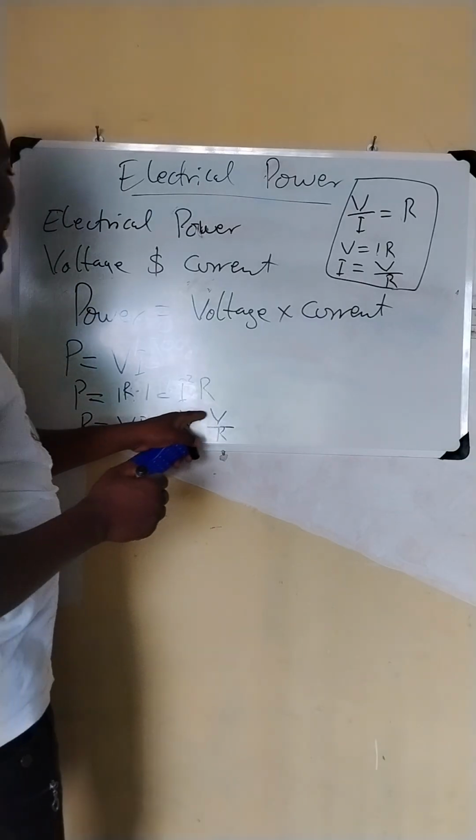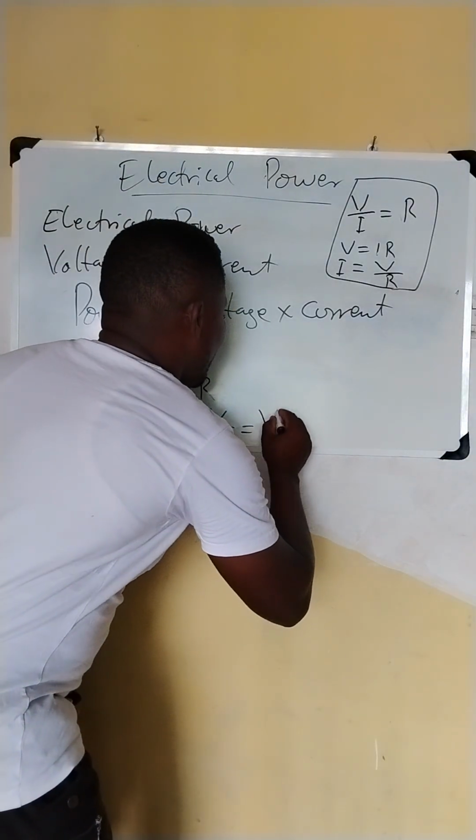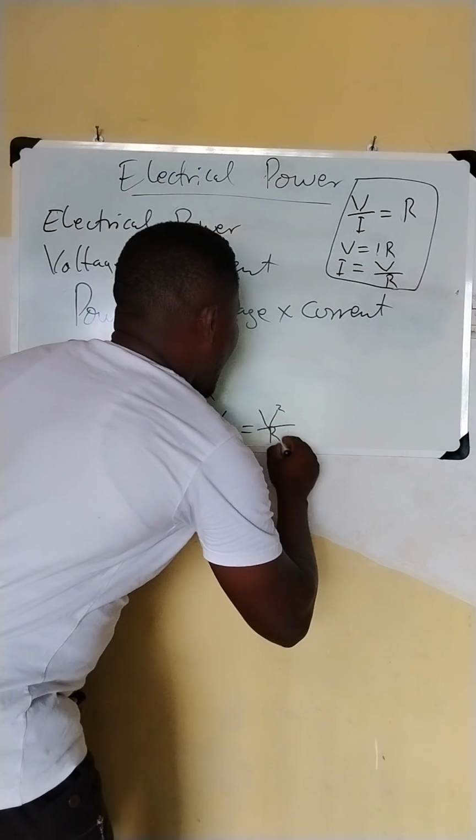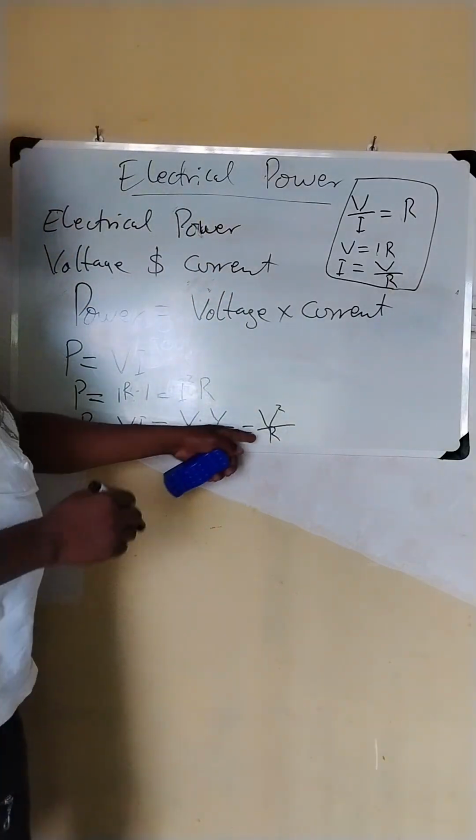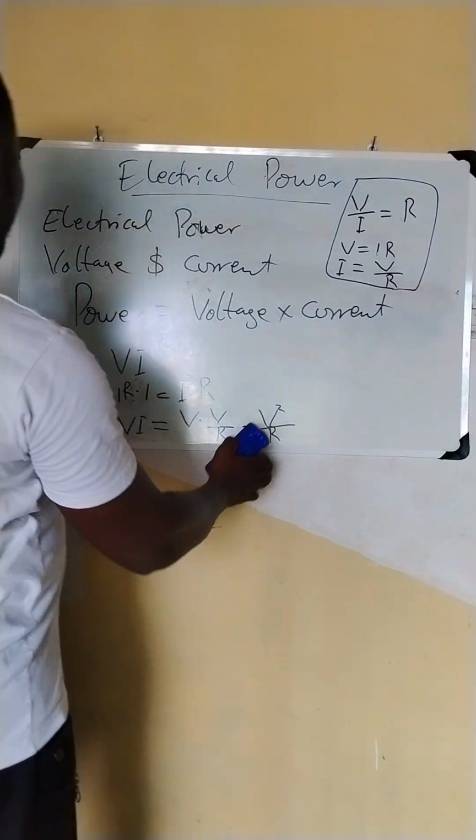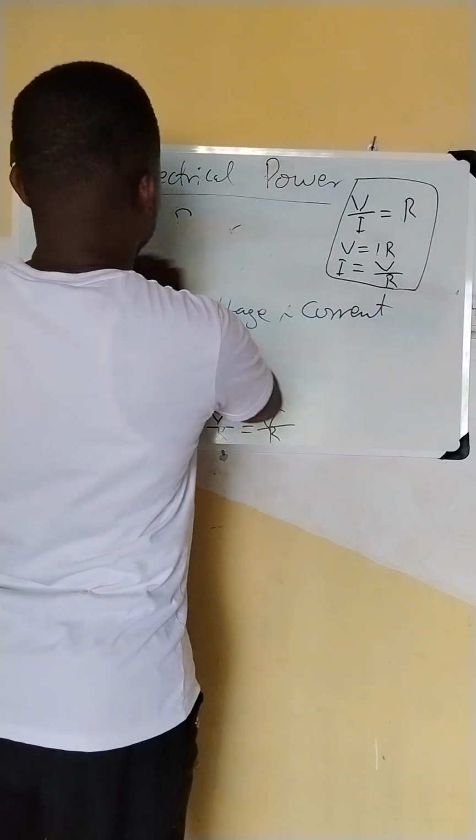Now you multiply this by this. That gives you V square all over R. So this is also the formula of power. So I'm going to write them together here.